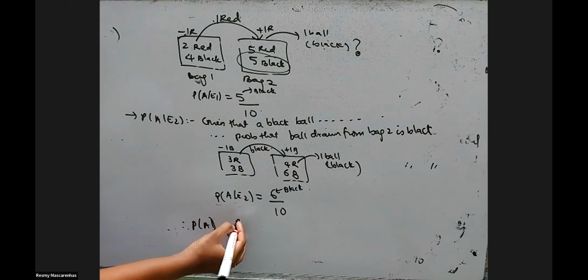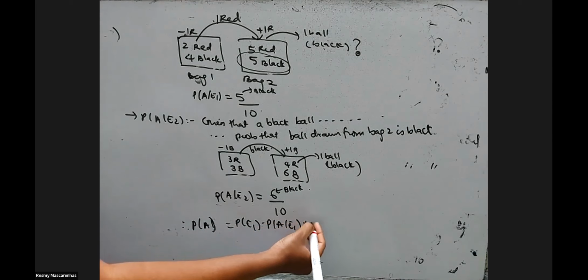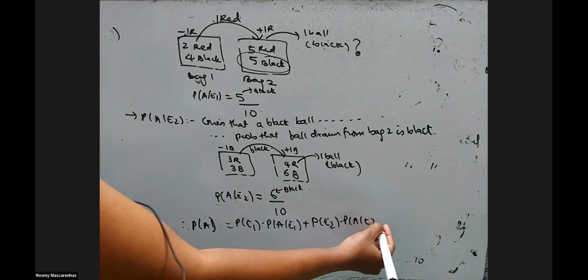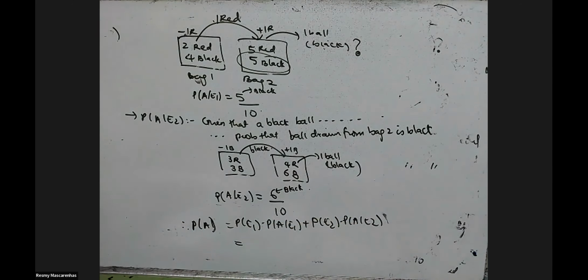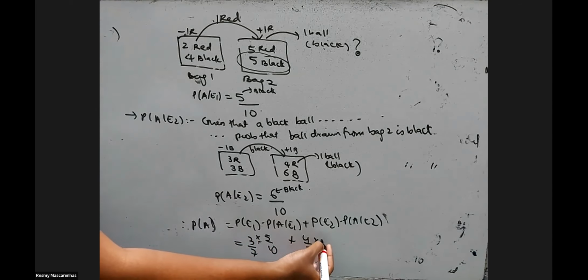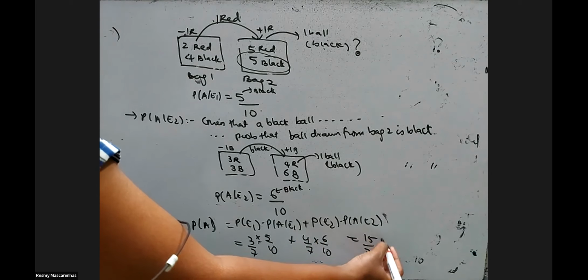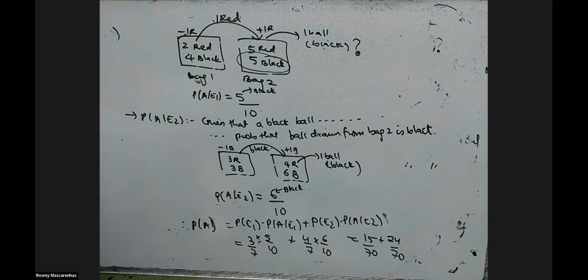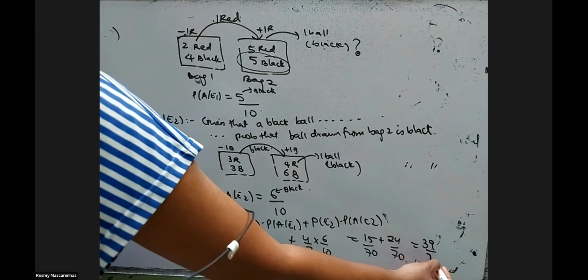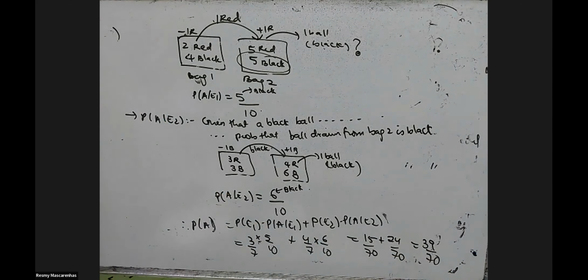And P of A is multiply P of E1 and so on. 39/70 will be the answer.